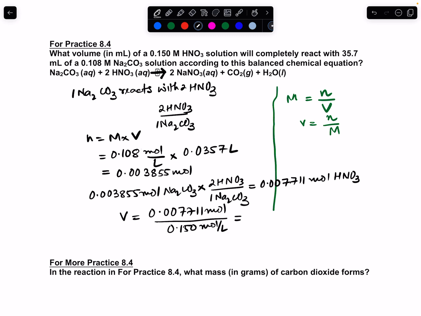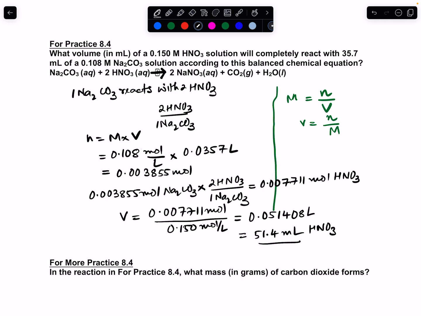And if I solve that, I get 0.051408 liters. Again, I change that to milliliters, since the question is asking what volume in milliliters, and I get 51.4, and I'm correcting for significant figures out here. So that's 51.4 ml. And there you have it. That's how much HNO3 will react.